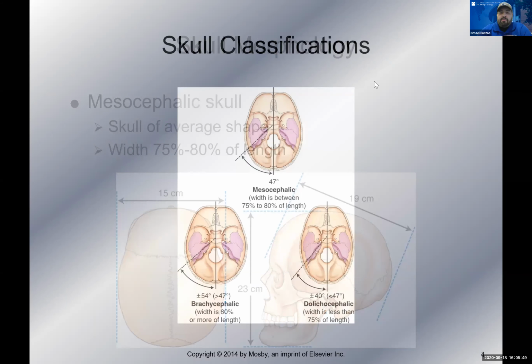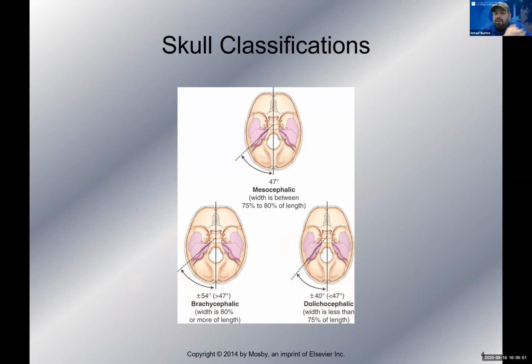Now, if it's more or less than that 75 to 80%, then there are two other terms of skull, which are brachycephalic and dolichocephalic. So if you look on the left there, the brachycephalic is a wider skull. The width you see is a little bit more than the average skull, so the width is going to be 80% or more of the total length of the skull.